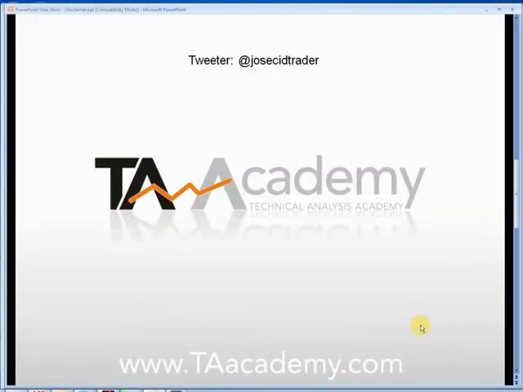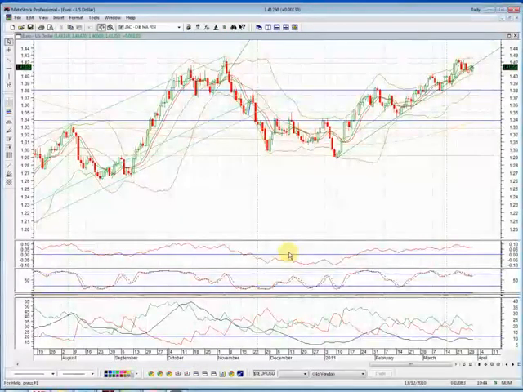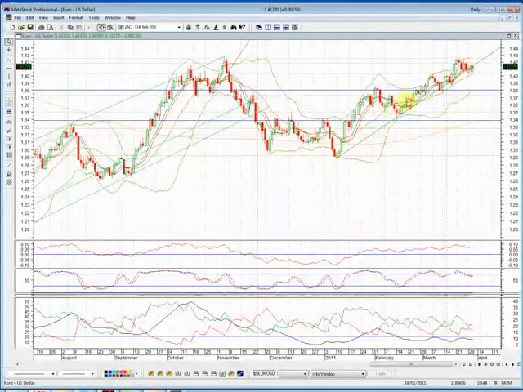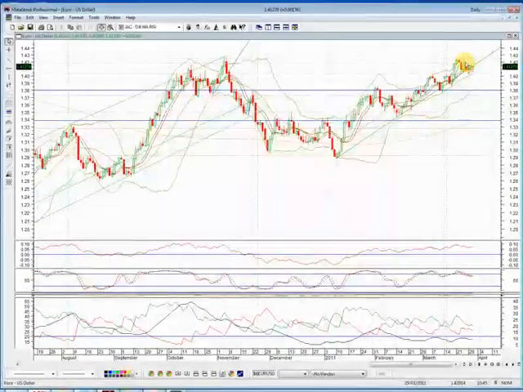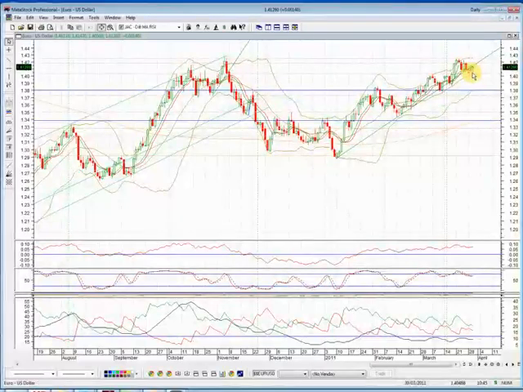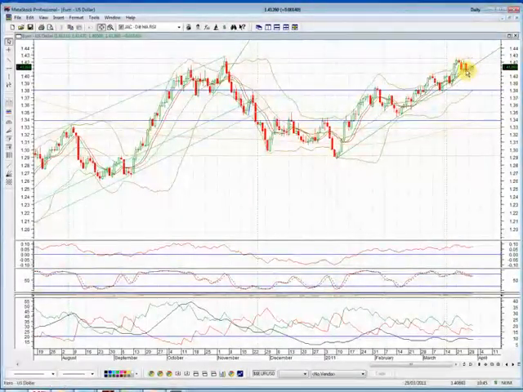So let's move to MetaStock, and I'm going to talk first about the euro US dollar pair. I've been following with you all that upwards movement, and in the last videos I presented, I said that my expectation was for the market to move sideways for a while, for a few weeks, and that's indeed happening.